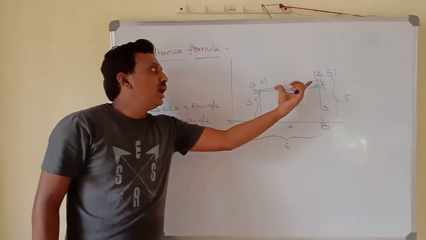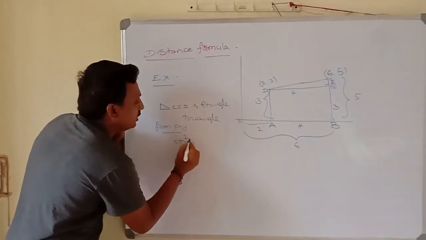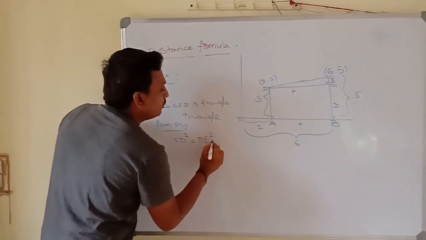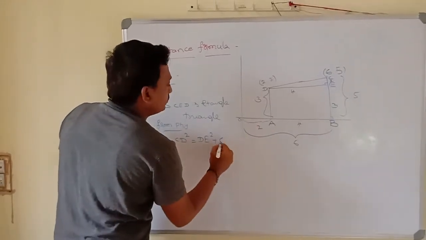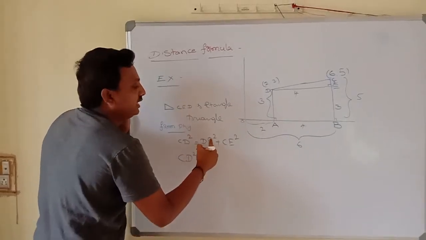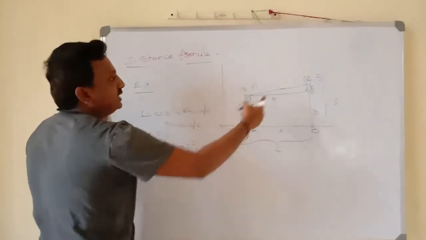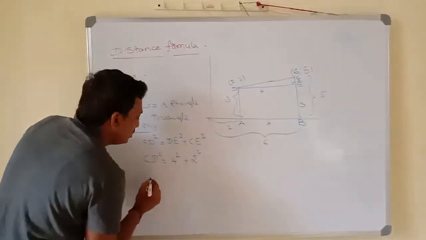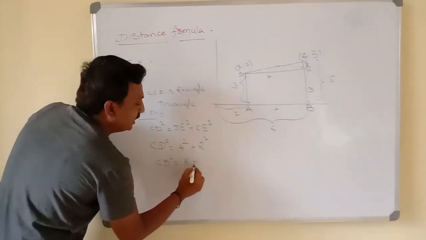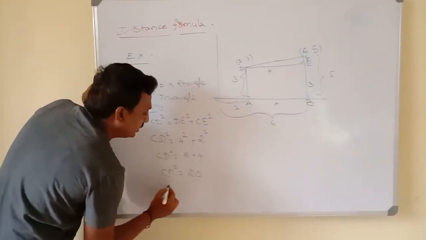In this one, the hypotenuse is CD. So CD square equals DE square plus CE square. DE is 4, so 4 square, plus CE square, that is 2 square. So CD square equals 16 plus 4. So CD square equals 20.